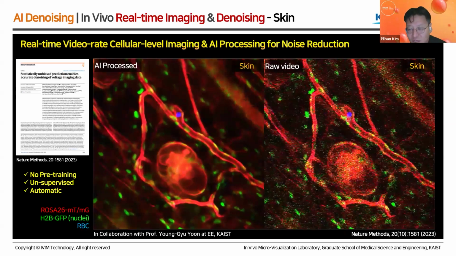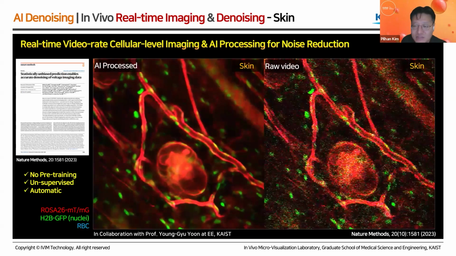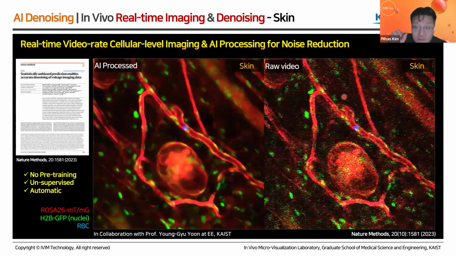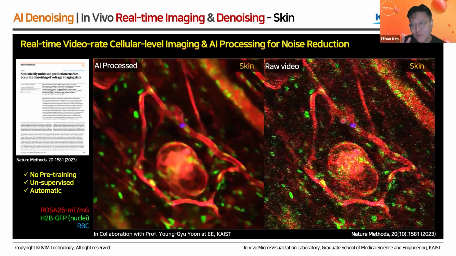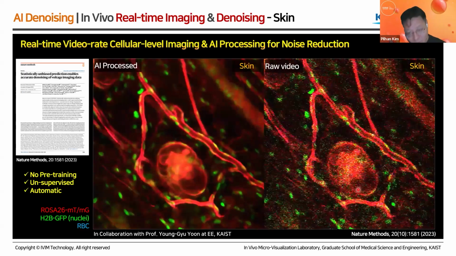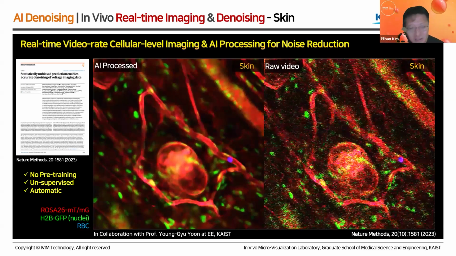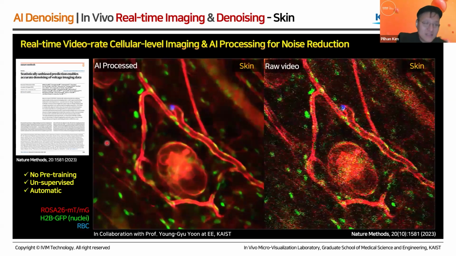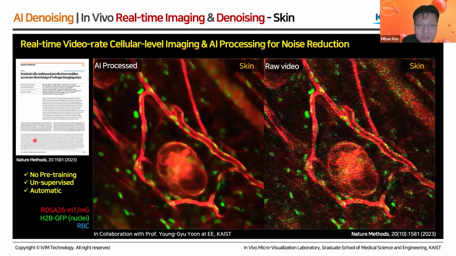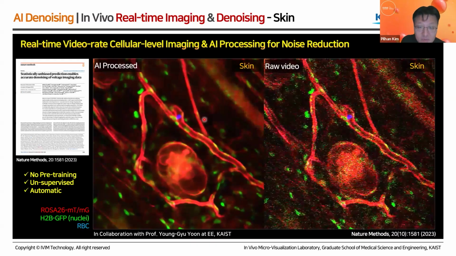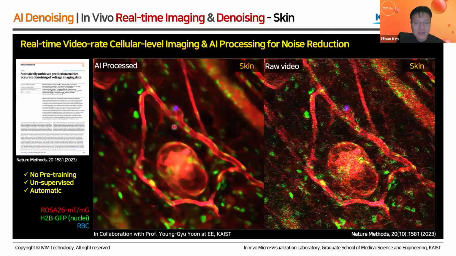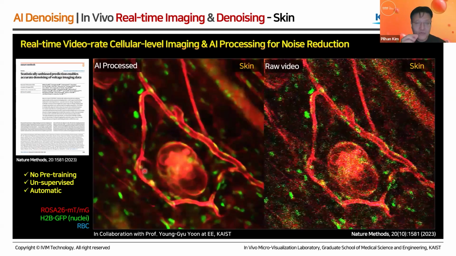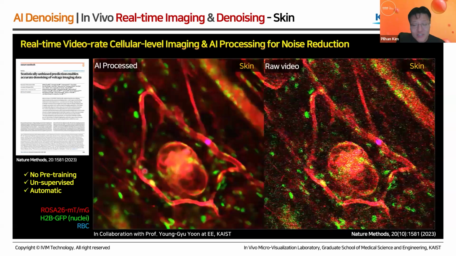So this blue color is actually flowing red blood cells inside the capillary. We have very high spatial and temporal resolution in this video, although we have some noise here. But after applying this AI denoising algorithm, we can very nicely remove the noise from this real-time video, as you can see here. We can improve SNR more than hundreds of times.